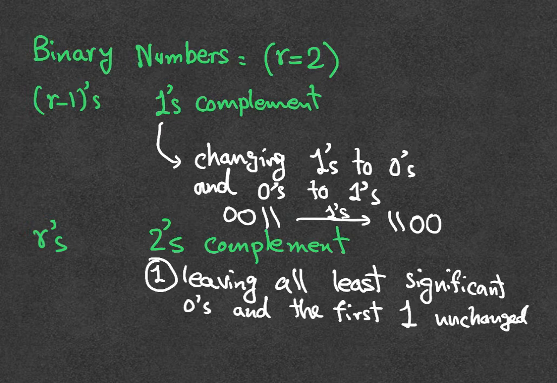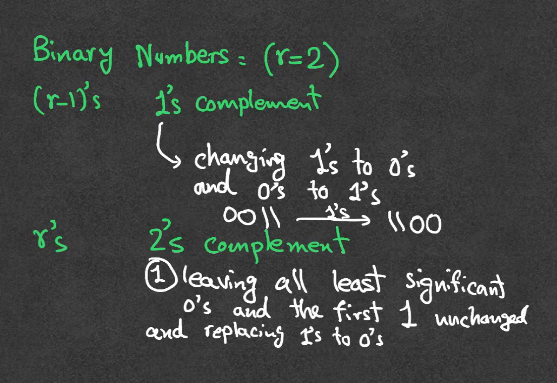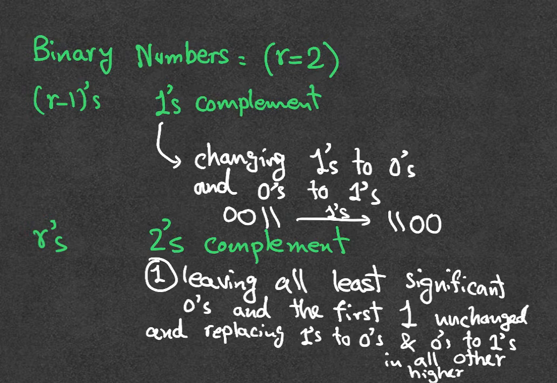Then after that, you replace 1s with 0s and 0s with 1s in all the other, higher significant bits.